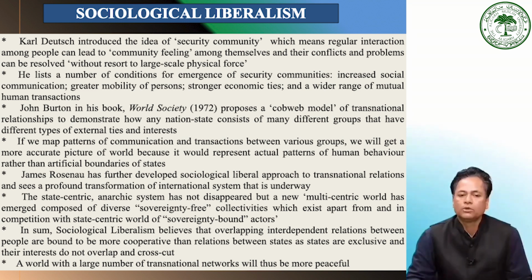John Burton in his book World Society proposes a cobweb model of transnational relationship to demonstrate how nation states consist of many different groups of people that have different types of external ties and different types of interest. So in this cobweb model, Burton is talking of a world politics where different groups of people have different external ties and different interests, and these interactions actually influence state-to-state interaction.